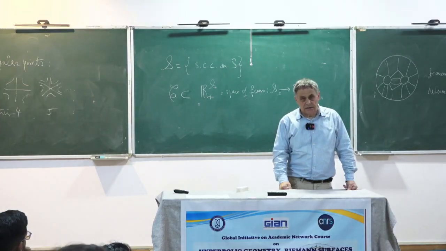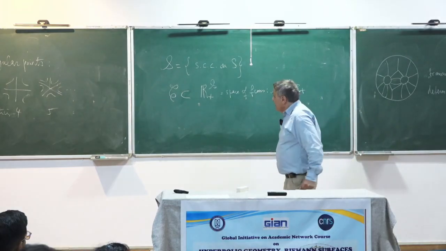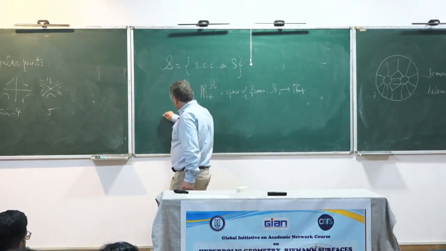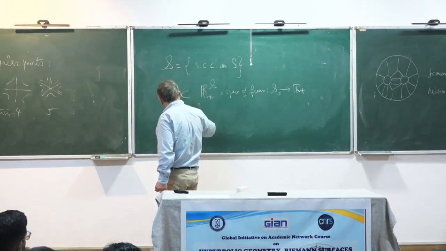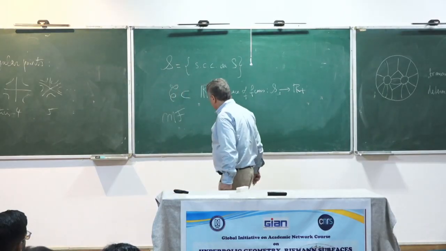Okay. It's an injective map. Now I have my space of measured foliations, which I call MF.